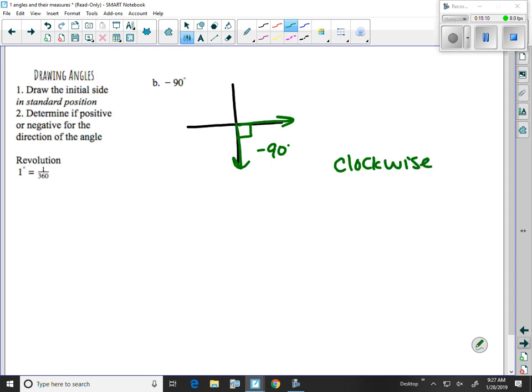How many revolutions? 1/4 of a revolution. So just because it's negative, that doesn't change how many revolutions it is. The clockwise changes from counterclockwise, but it's still 1/4 of a revolution.